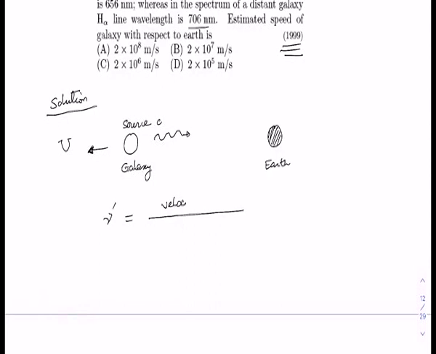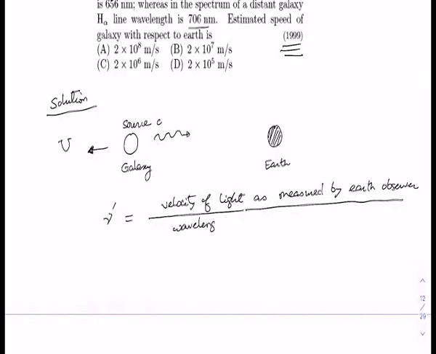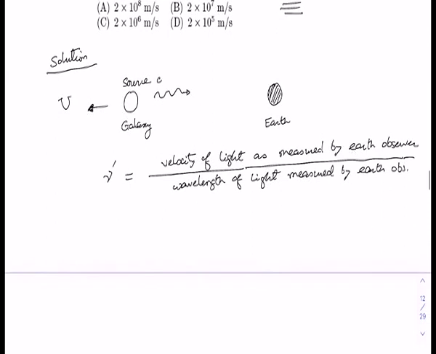That would be the velocity of light as measured by the Earth observer divided by the wavelength of light measured by the Earth observer. This simple formula is good enough. Now the velocity of light as measured by the Earth observer, because the Earth is the observer and is at rest, would be simply c, the speed of light.